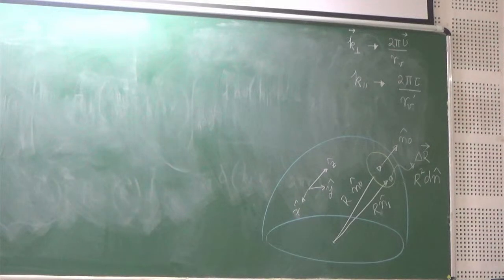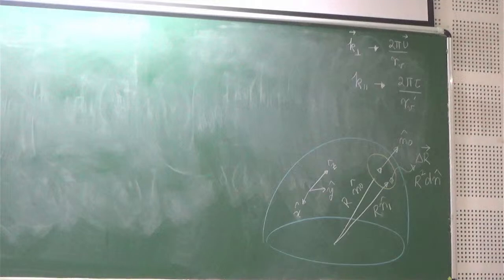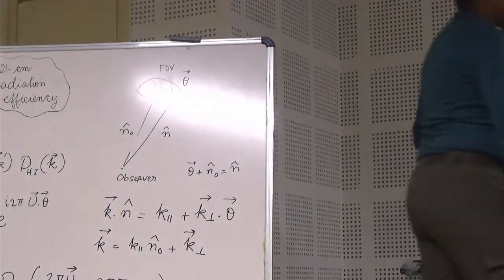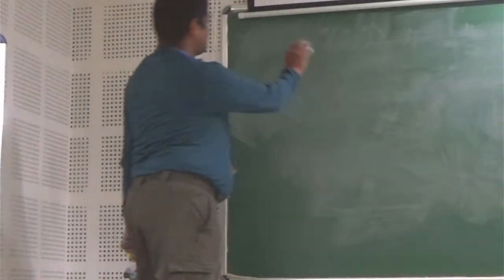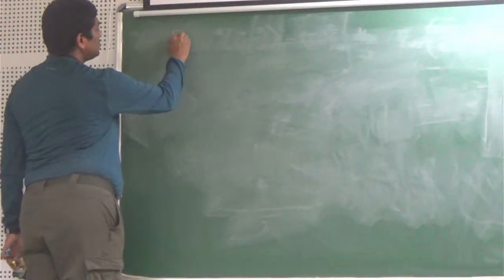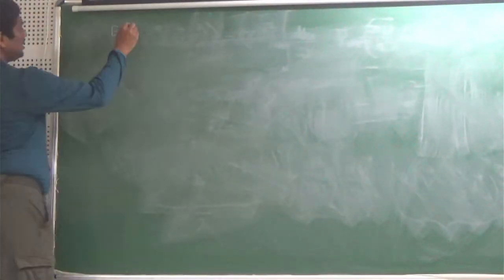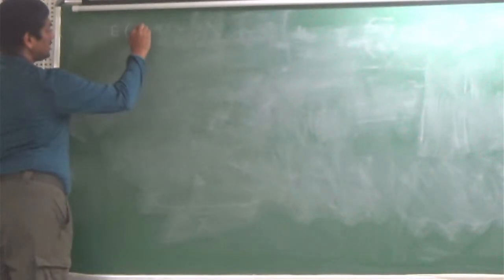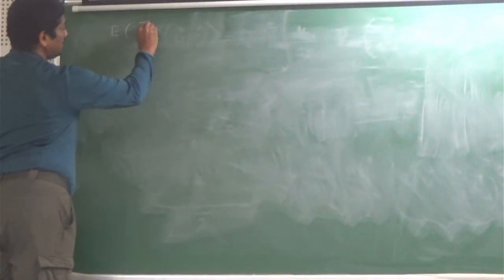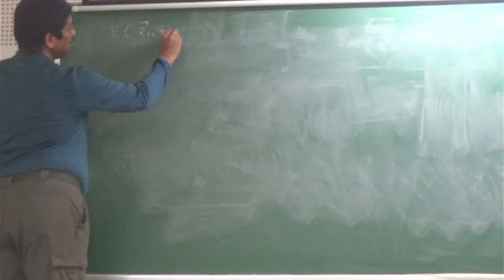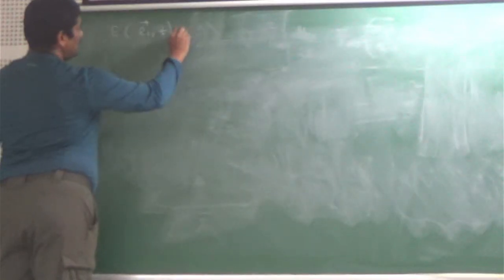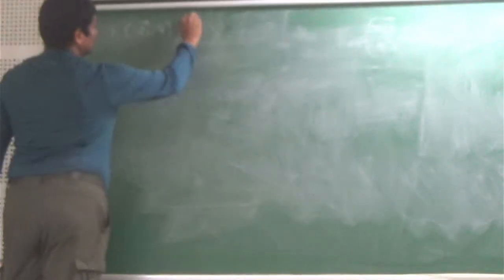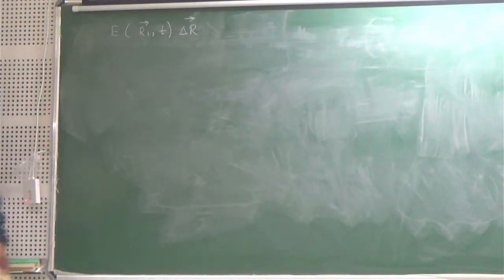So let me just tell you what are the things that we encounter as we try to construct the observable. First, I start with an electric field. The antennas only measure electric fields. This is an electric field at the source, originated at that point at a time t, from a region delta.